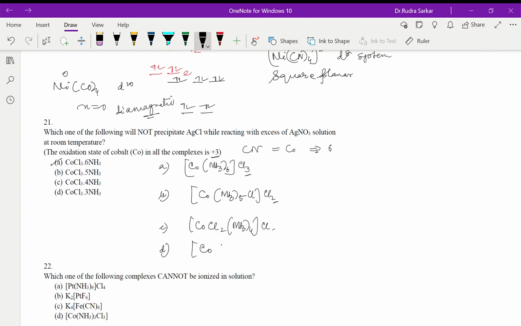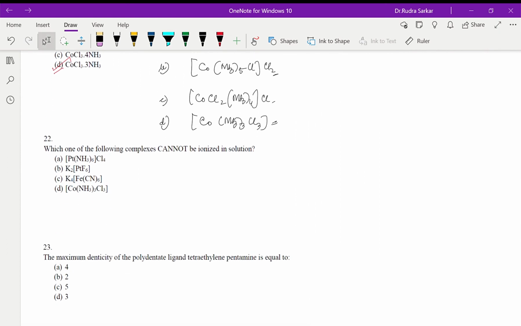It is Co(NH3)3 Cl3. It is having no Cl in the ionization sphere, so our answer over here is that this will not give any precipitate of AgCl with excess of AgNO3 solution at room temperature.